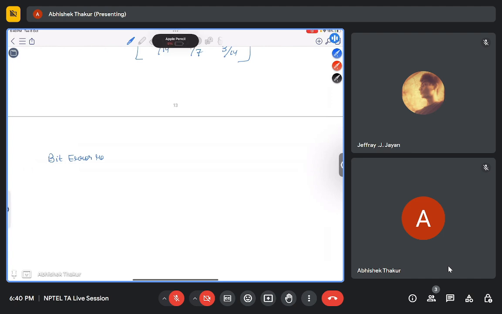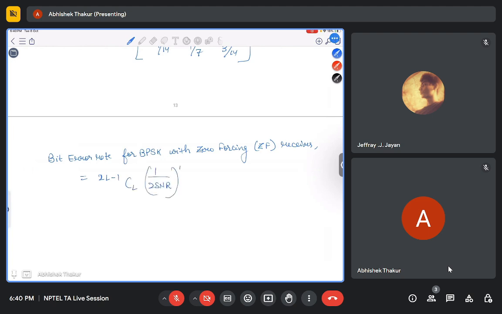So bit error rate for BPSK with zero forcing ZF receiver is equal to 2L minus 1 C L, the same formula we used for MRC.